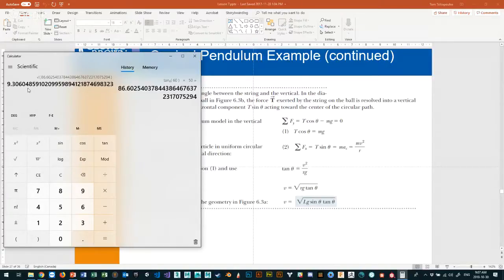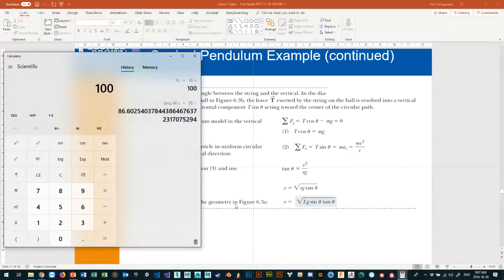So we said 9.3 something, right? And if we did it the other way around, where we had the length, we said it was 10 meters, times gravity. Let's say that's 10 meters. It's not really 10 meters. So that's 100 multiplied by sine theta. So we'll keep 100 in our mind.